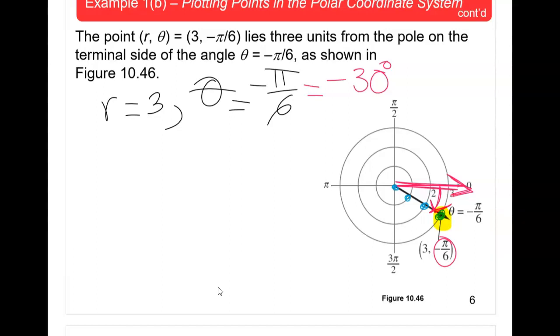So let's think about what other way we could graph this besides the 3 comma negative pi over 6 we already have. Let's try the positive angle first. So we could go in the positive direction at r equals 3, which will be the third circle.